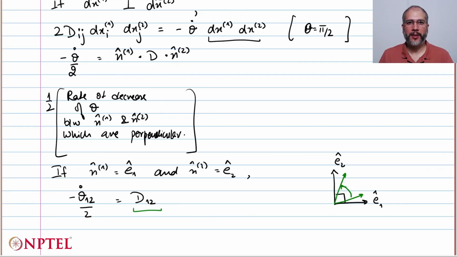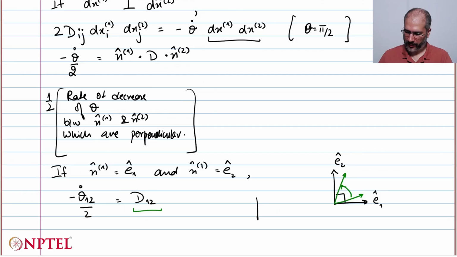So the off diagonal terms tell us at what rate the angles between coordinate directions are decreasing. So if the off diagonal term is 0, that means the angle between these two perpendicular elements does not change. Now remember, you're talking about continuous deformation. So that means that under the continuous deformation, the angle stays the same. And if the off diagonal term d12 was very large, that means the angle is decreasing at a very high rate.